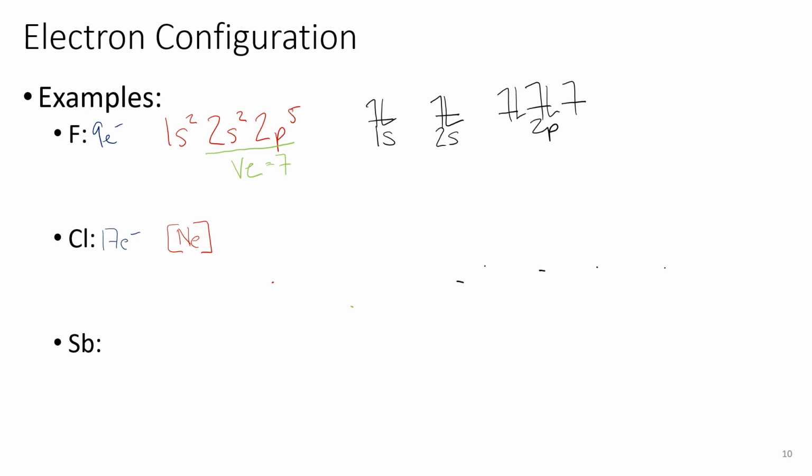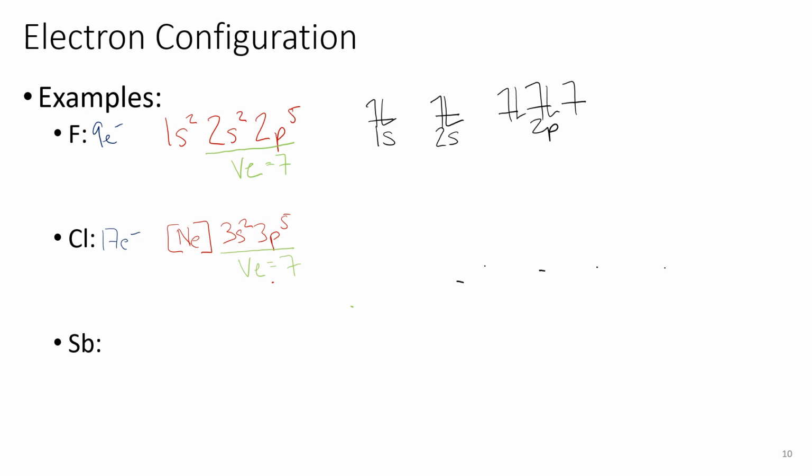So for chlorine, if you're looking at it on your periodic table, we can start at neon, which is the nearest noble gas, group 8A or 18, of lower atomic number. And then I'm going to start from there. So the rest of my electron configuration would then be 3s2, 3p5. So what this condensed electron configuration does for us is you'll notice it's only showing me my valence electrons.